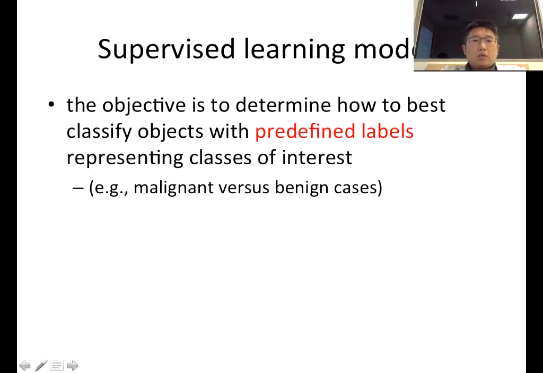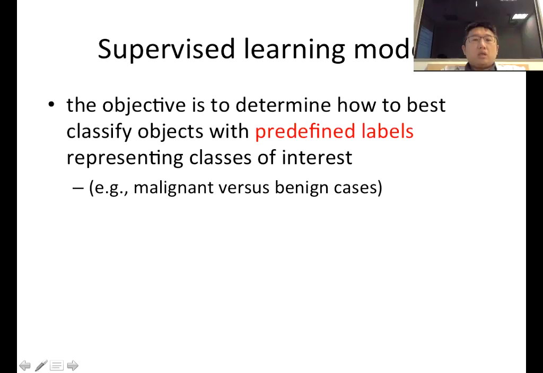Here they got a new definition for supervised learning model. You can read this definition: the subject is to determine how to best classify objects with predefined labels representing the class of interest. So for example, we can classify patients into a malignant or a benign case.